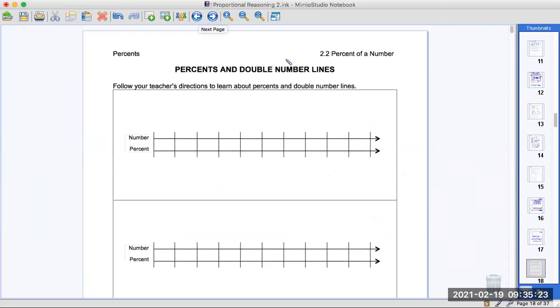15, double number lines. This is notes. So remember our double number lines, your teachers will give you, so we're going to answer the question. So our double number line always starts at 0, 0. On top, you have a number. On the bottom, you have a percent, right?